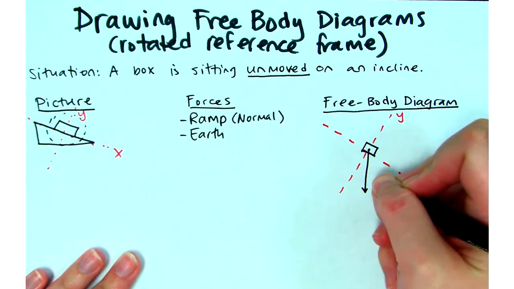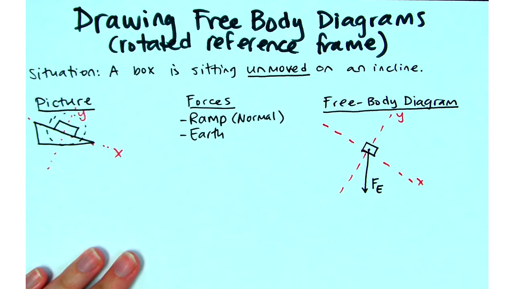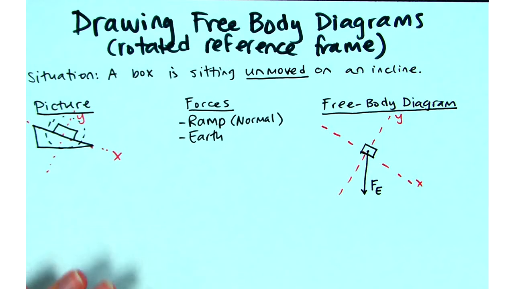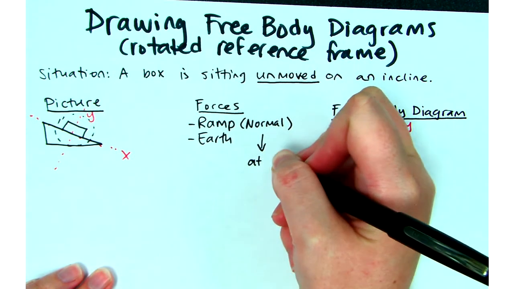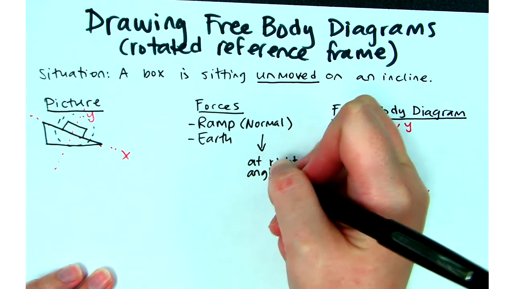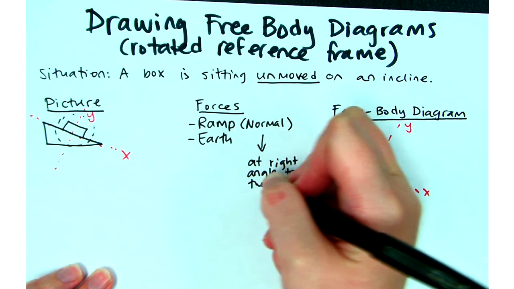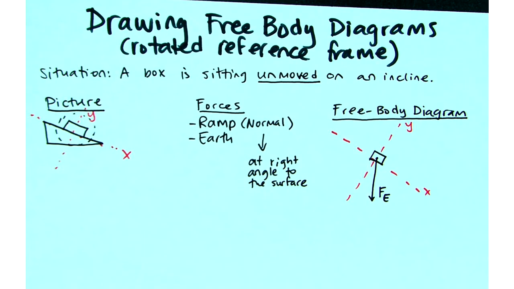And then we have our normal force. Normal force, by definition, is always going to be at a right angle to the surface, and it's never going to be going into the surface. It's always like a support force. The normal force comes from the atoms in one item not wanting to move through the atoms in the other item.